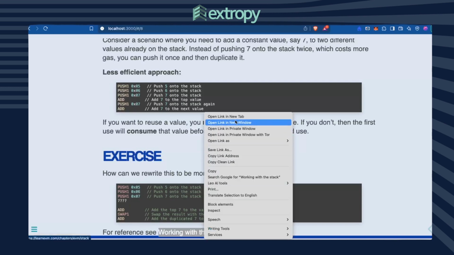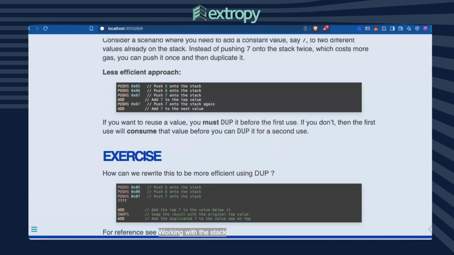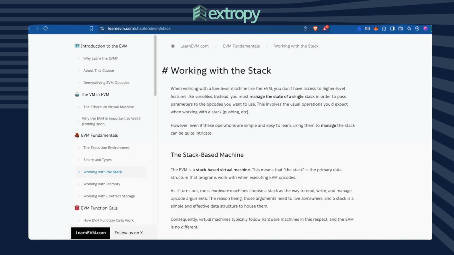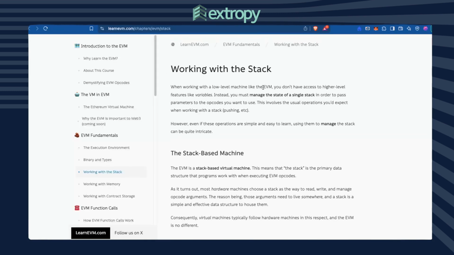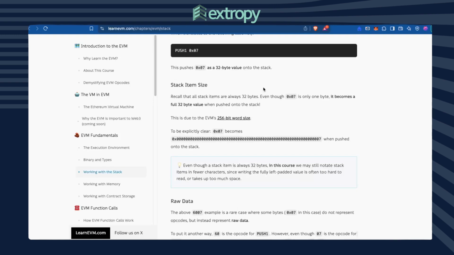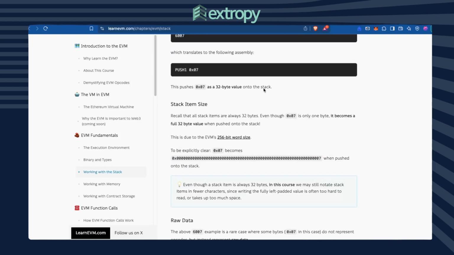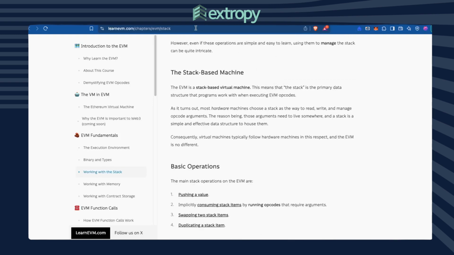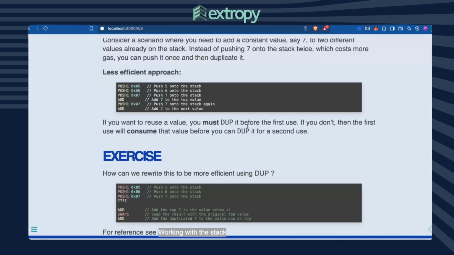And where all this came from, there's a nice article here about the EVM generally, and about working with the stack. It has a lot of the ideas that I was presenting. Okay, that's everything I wanted to say, really.